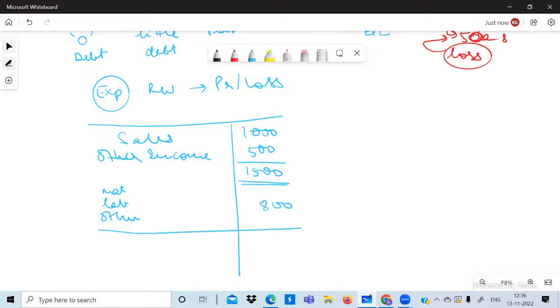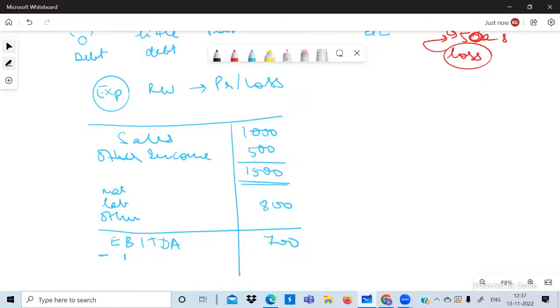What they get over here is EBITDA. So EBITDA is nothing but earnings before interest, tax, depreciation, and amortization. So for this company, it comes to 700.